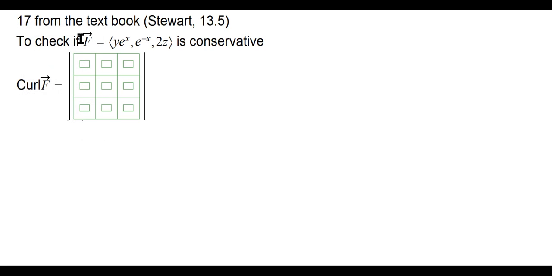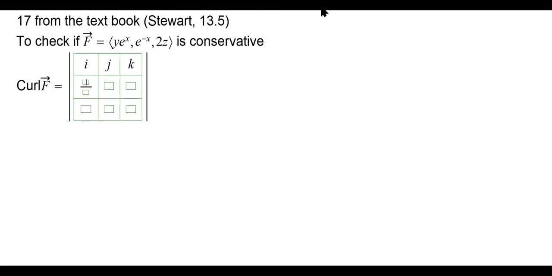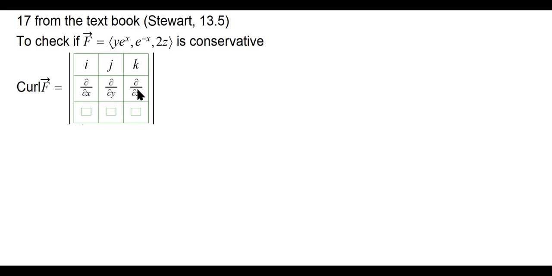So let's look at this one. We have i, j, k, then d/dx, d/dy, d/dz, and then as components we got y e^x, then e^(-x), and then 2z, okay?